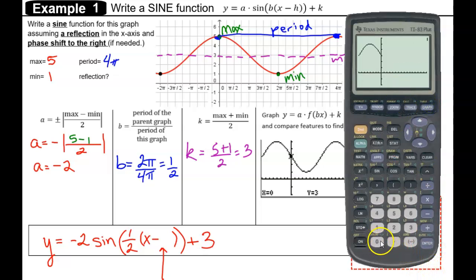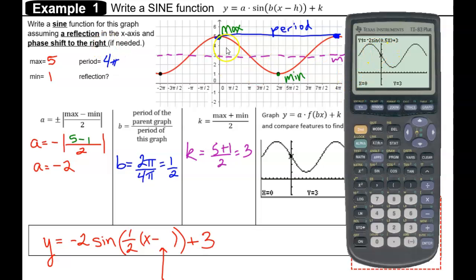So when I click on graph, I'm going to compare this graph with no phase shift to the graph that I was given. And if I do trace 0, I'll see my y-intercept here, which is at 3. But on my graph, the y-intercept is at 5. And remember, the instructions for this problem told me if I need a phase shift to shift to the right.